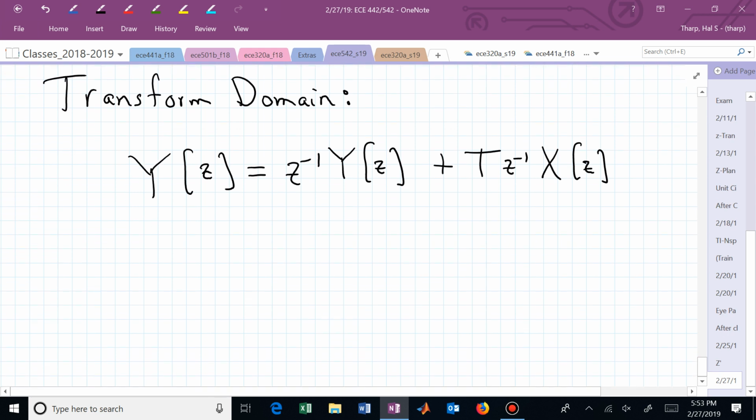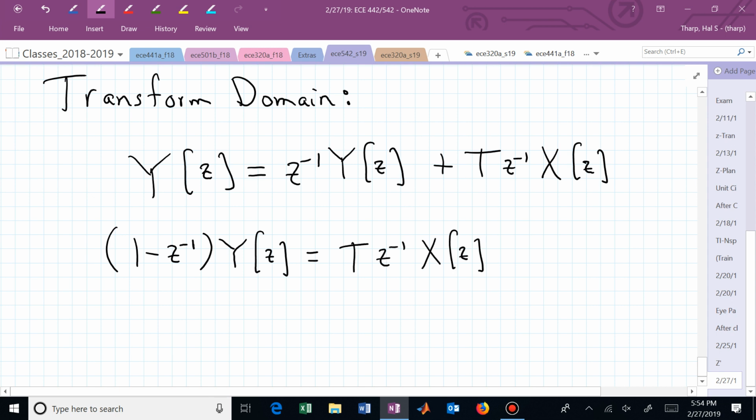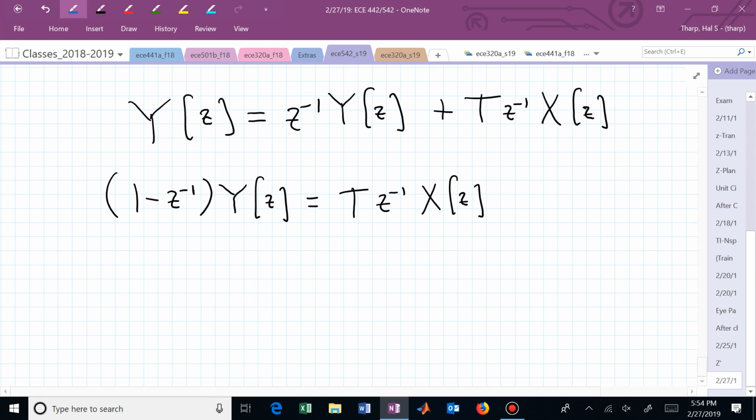Now let's just do some manipulating. Suppose we now combine our y terms. Now we can find the transfer function between the input z transform, which is capital X of z, and the output z transform, which is Y of z.